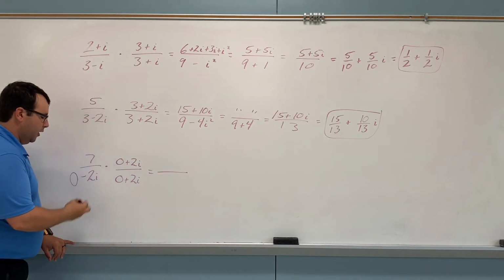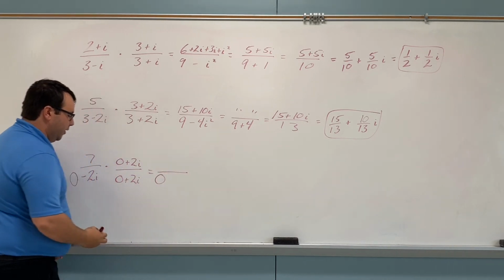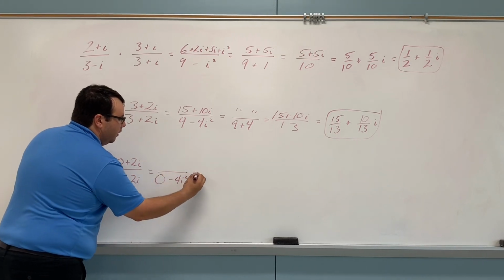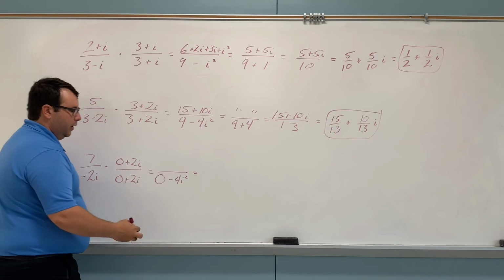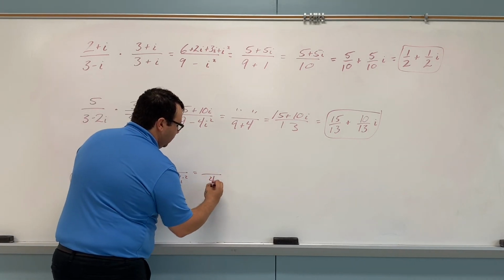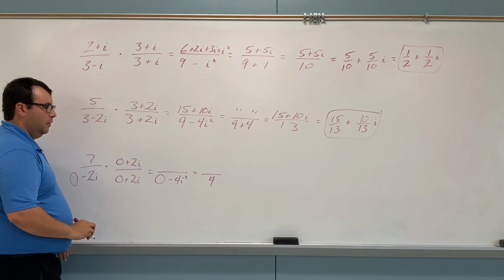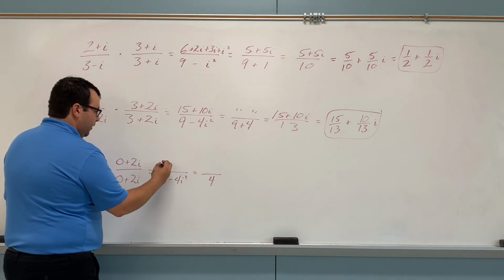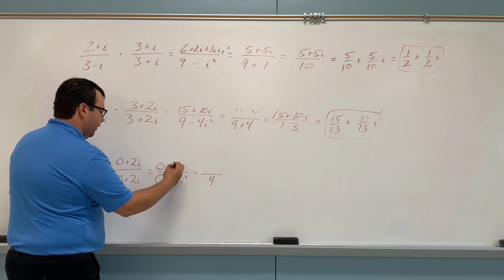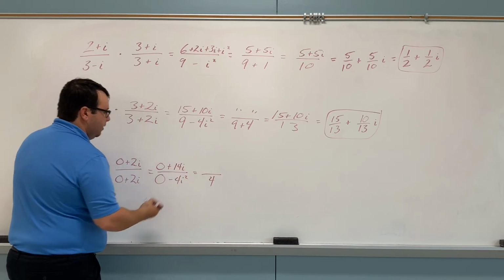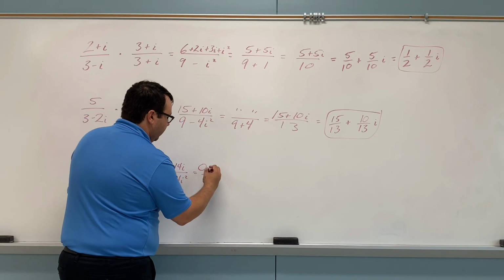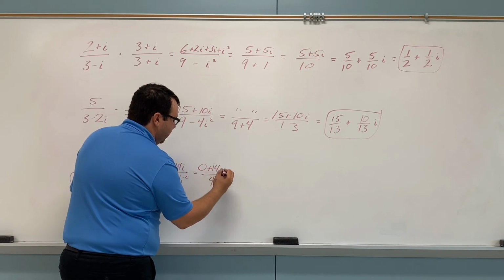All right, now that being said, we're going to go ahead and do this. I know my denominator is going to be 0 squared, which is 0, minus 4i squared. 4i squared is actually going to be a positive 4. And then here, I'm going to distribute. That's going to be 0 plus 14i.